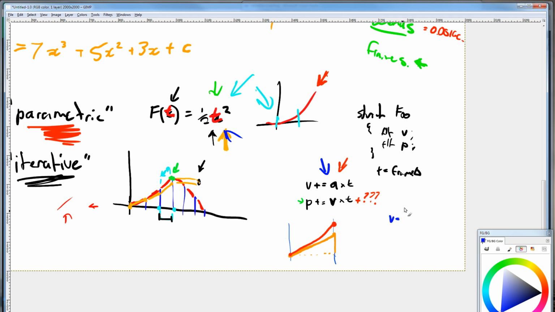Velocity plus equals acceleration times 0.001666. I think I've got the right number of zeros in there. Whereas if you're working in frames, you might end up with velocity plus equals acceleration times 1, because we've stuck in one frame.